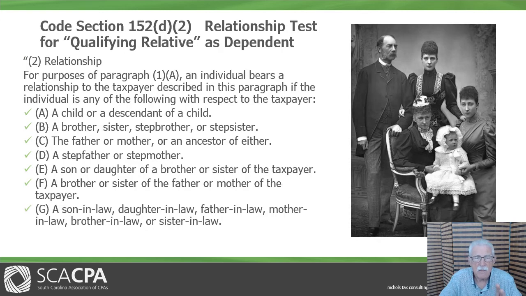This is the definition of qualifying relative in Code Section 152(d)(2), the broadest definition of familial relationships contained anywhere in the Internal Revenue Code, applied to limit the availability of the earned income credit. Employee retention credit. I'll get it right. I don't think it's right.